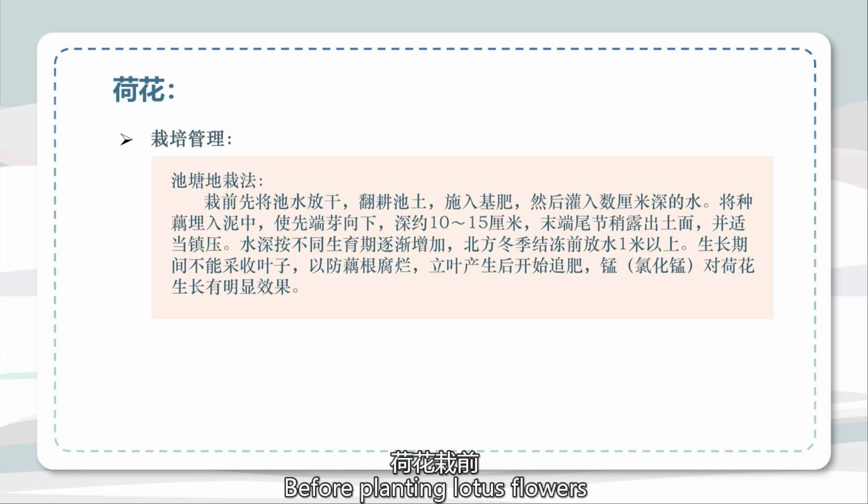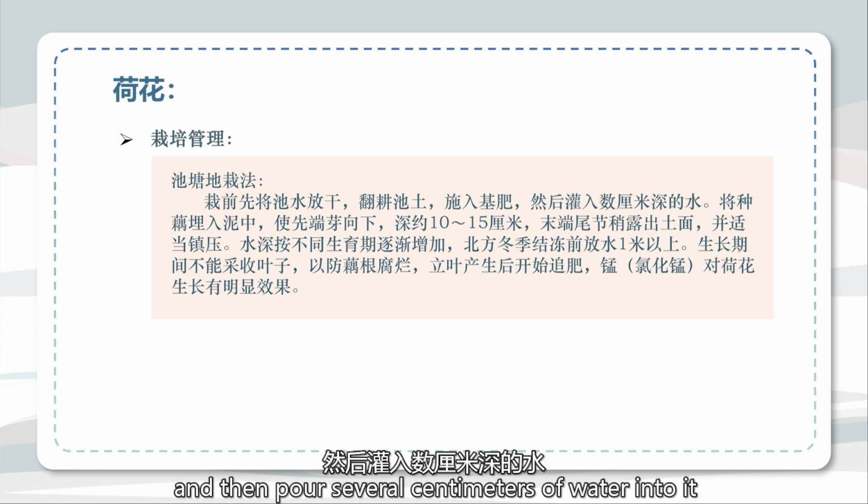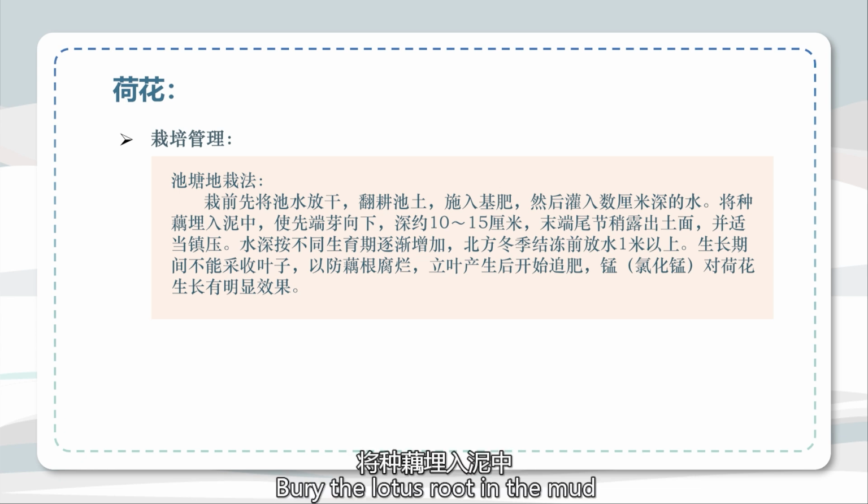Before planting lotus flowers, first drain the pond water, plow the pond soil, apply base fertilizer, and then pour several centimeters of water into it. Bury the lotus root in the mud, with the tip bud facing downwards, about 10 to 15 centimeters deep, and the tail node slightly exposed on the soil surface, and press it down appropriately.